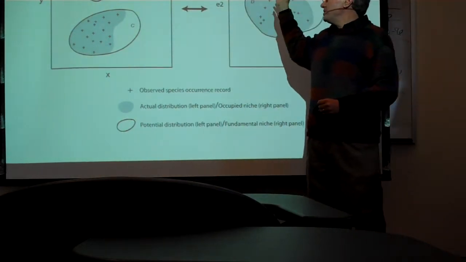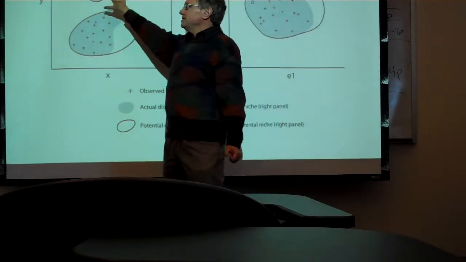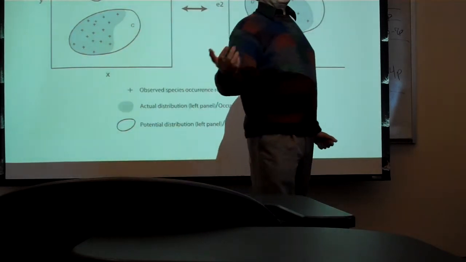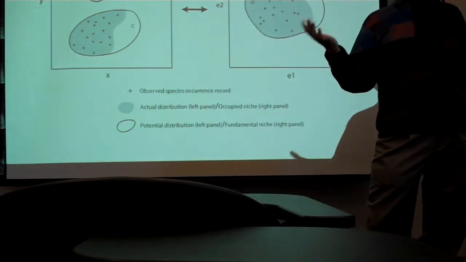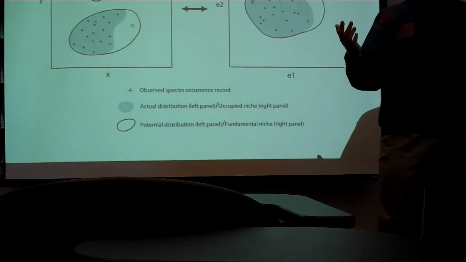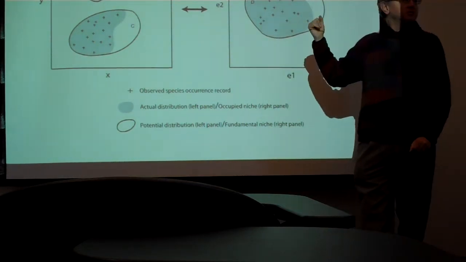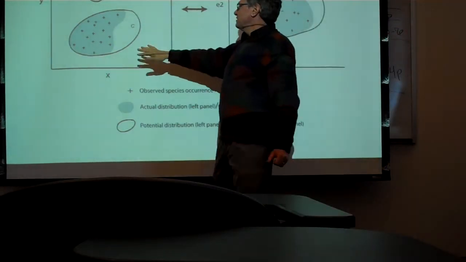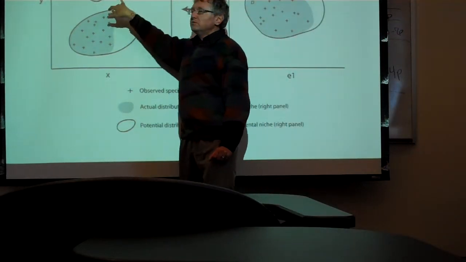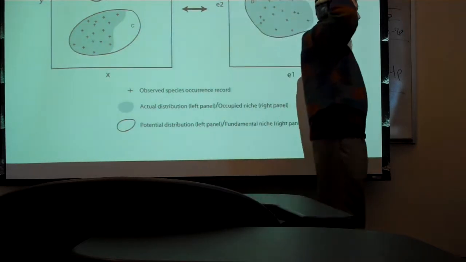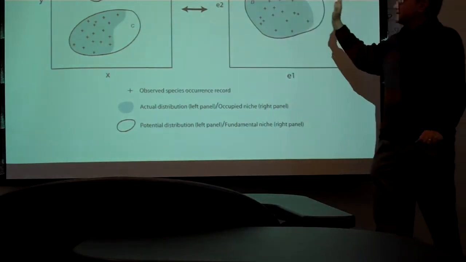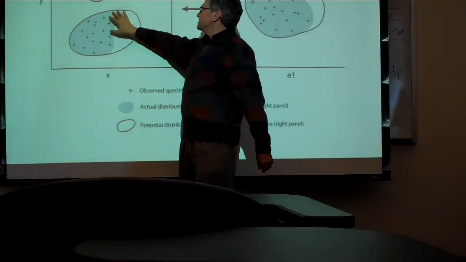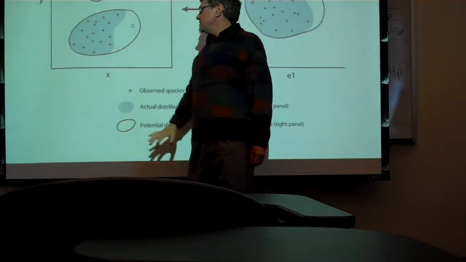Typically species don't live everywhere that is suitable for them, or many species don't. So we could ask, what's the potential distribution? That's the larger white areas. This is the representation in geographic space, these three disjunct areas.